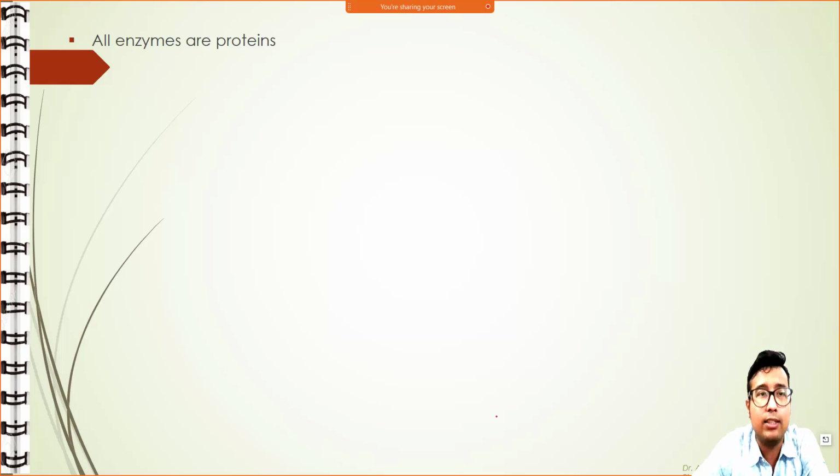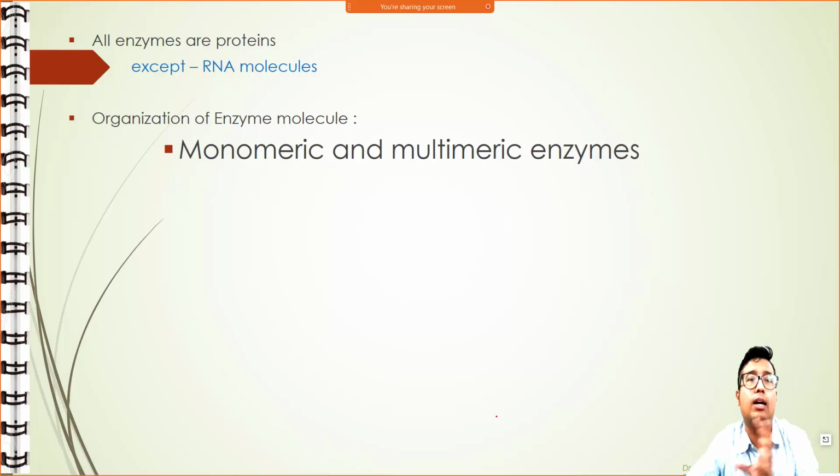As you know, all enzymes are proteins. The exception is ribosomes. Ribosomes can also act as enzymes, and in that case they are known as ribozymes. This is very well known. So how is an enzyme molecule organized? An enzyme molecule can have a single unit, or it can be a multimeric enzyme.